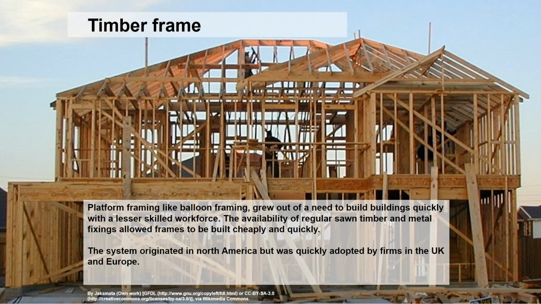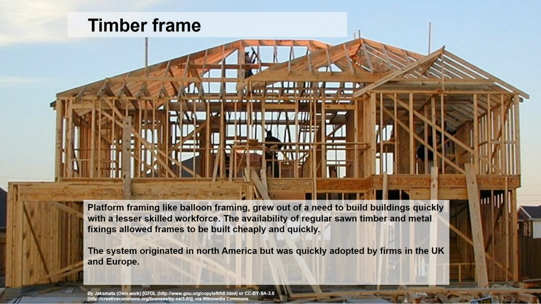So, platform framing grew out of a need to build buildings quite quickly and use a workforce which was less skilled. So rather than using skilled joiners to create large framing members and connect them together with complicated joints, the advent of regular sawn timber, so we could get it at a regular size.